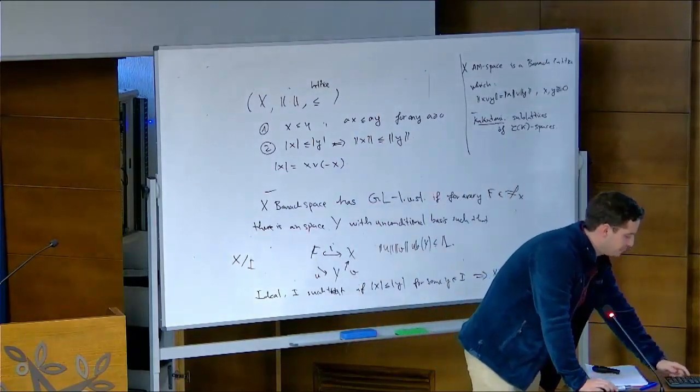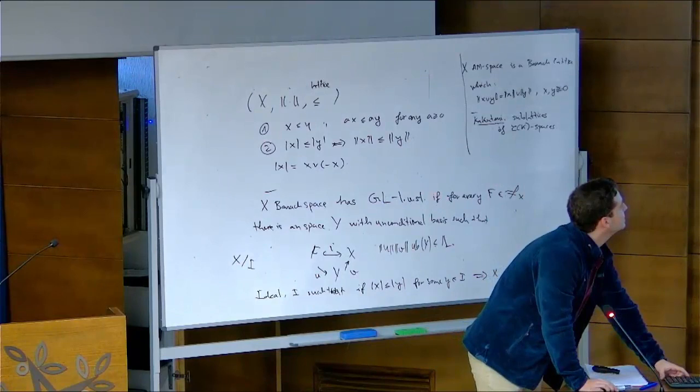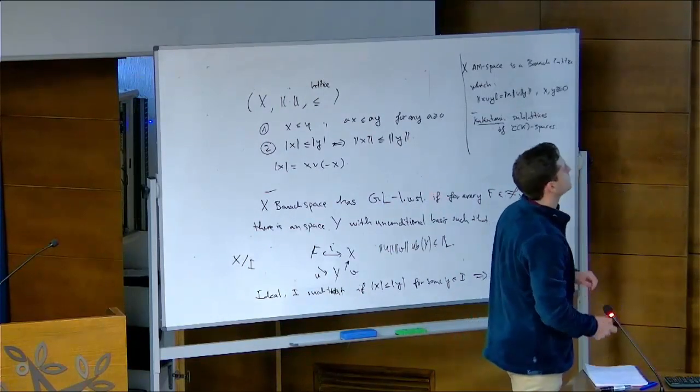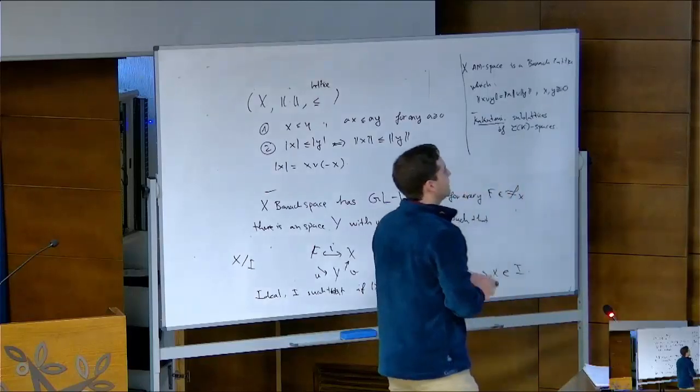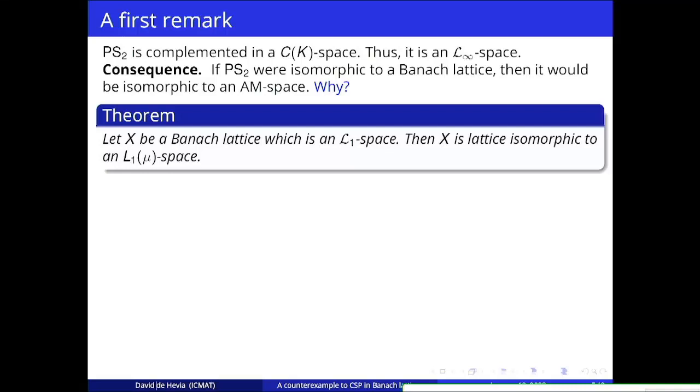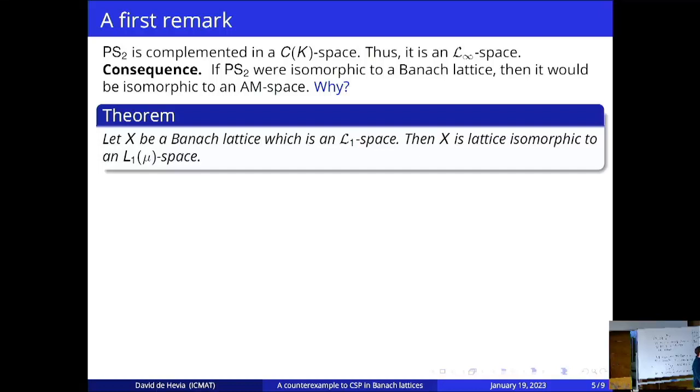This is the most important property. Why? Because if a Banach lattice is an AM space, then it can be renormed to be an abstract L space.